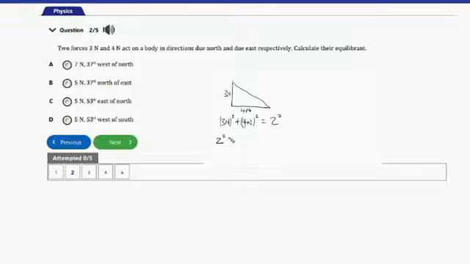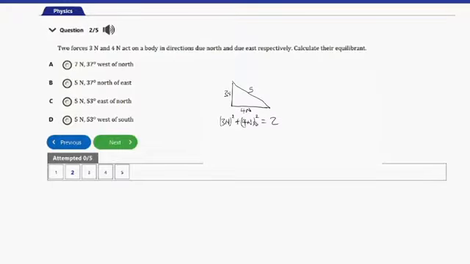Let's say this is z. So z squared is going to be 9 plus 16, and that's 25. So z alone is going to be root 25, and that's 5. So the resultant force here will be 5.